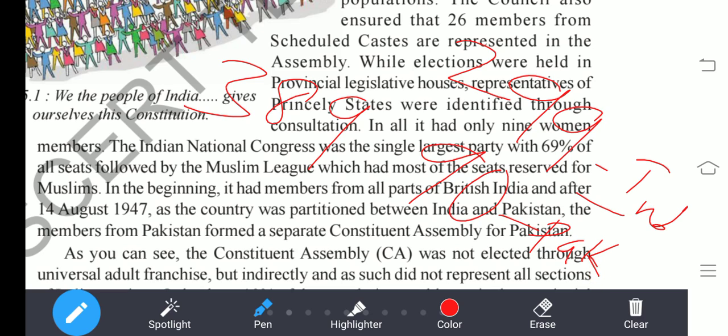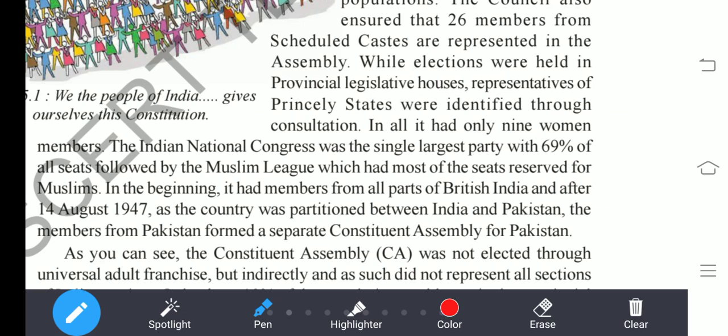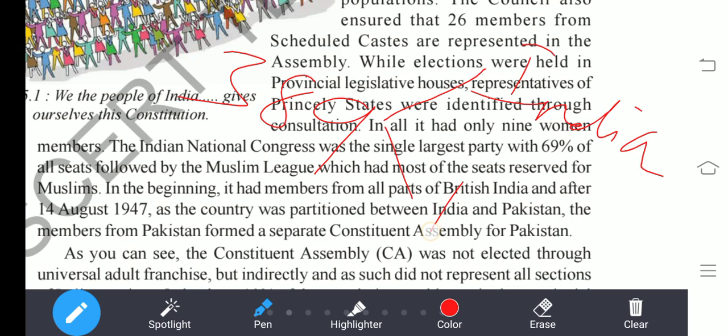At the time of independence, India was divided into two states, the Indian Union and Pakistan. So the Constituent Assembly, which consisted of 389 members, also split into two Constituent Assemblies. One is for India and another is for Pakistan.